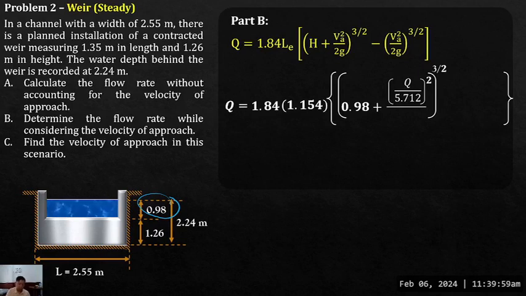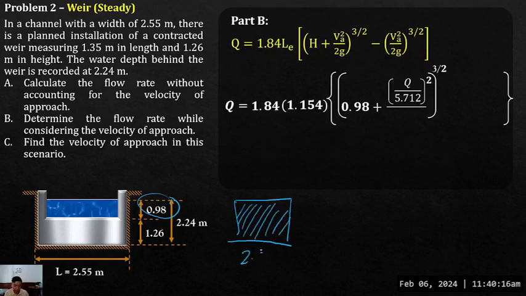Kung i-drawing mo to, ganito siya, no? So, let's say ito yung cross-section ng channel of approach mo. So, 2.55 to, di ba? Yung width ng channel times yung height na 2.24.